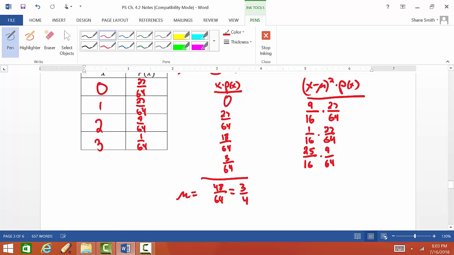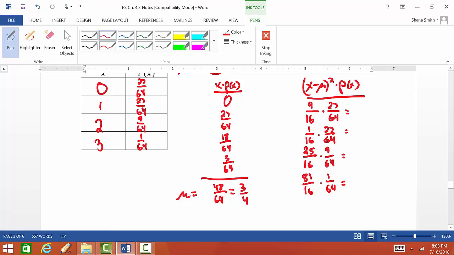And then 3 minus 3/4 is going to be 9/4 squared, which is 81/16, and we multiply that by 1 over 64.